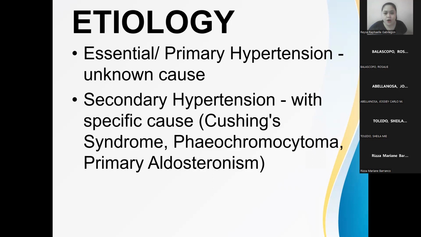So again, let's talk about Cushing syndrome. When you say Cushing syndrome, the person has a tumor in the pituitary gland. And this tumor releases a lot of ACTH hormone. And then this ACTH hormone, ang effect nito is it will signal the adrenal medulla.